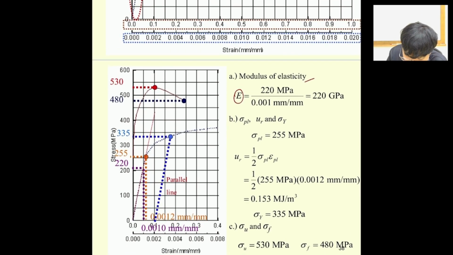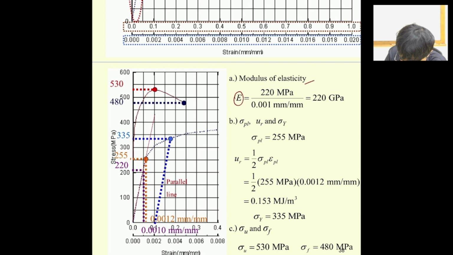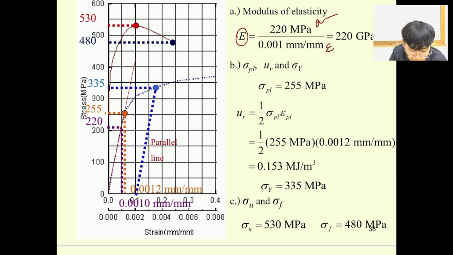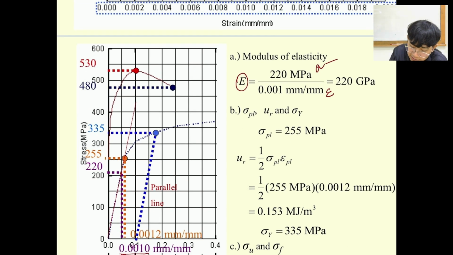Find it easily by using sigma over strain over here. So for sigma, I can choose any point over here. For example, if I choose the strain equal to 0.001, because modulus of elasticity is in the linear zone, you can just choose whichever point on this line.